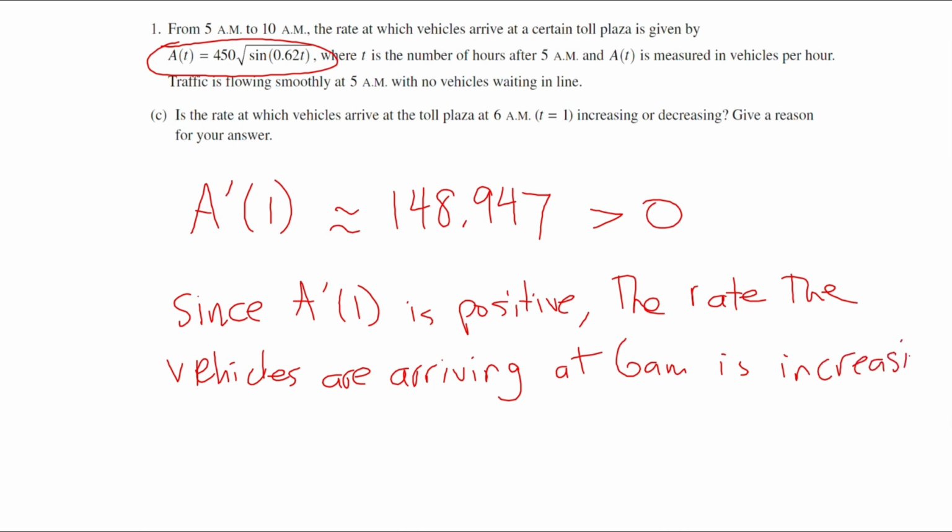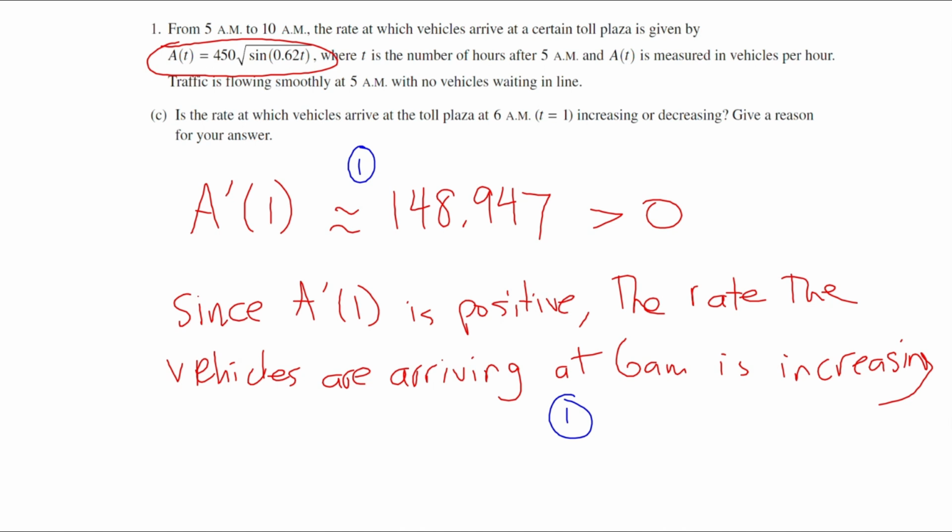And that would be sufficient to earn you both points for this part of the problem. You get 1 for considering A prime of 1 and 1 point for your answer that it is increasing because that derivative is positive.